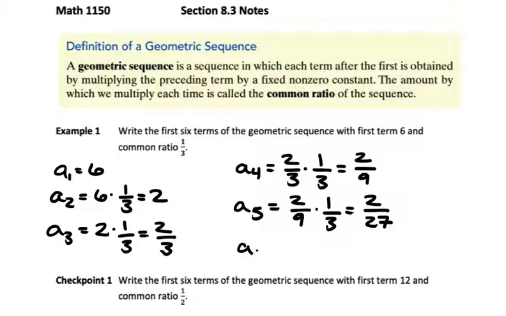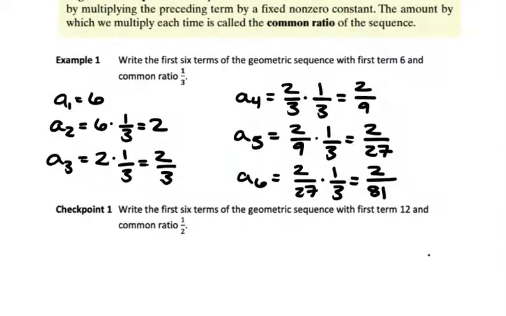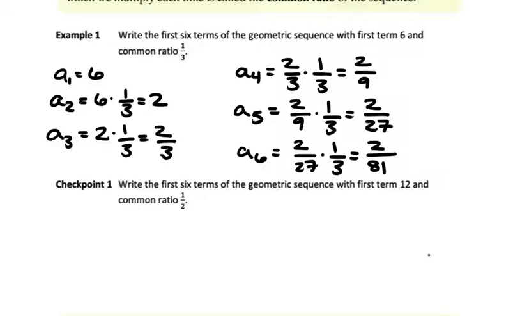And A6 would be 2/27 times 1/3, which would be 2/81. So next you should look at checkpoint number 1. Do this in your notes, check your answers, and then move on with the video.